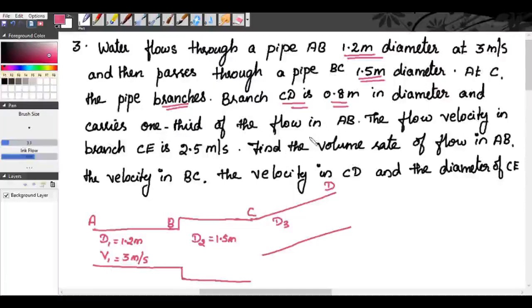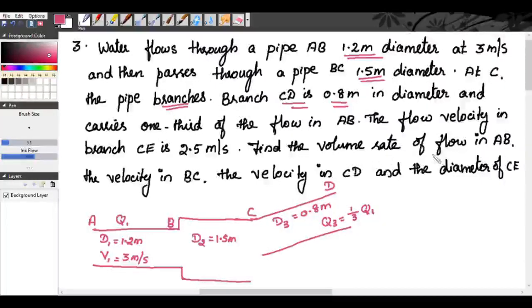So D3 is 0.8 meter and carries 1/3 of the flow in AB. So if the flow in AB is Q1, this Q3 will be equal to 1/3 of Q1.